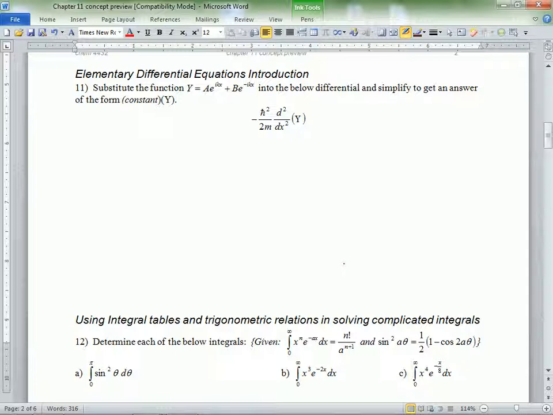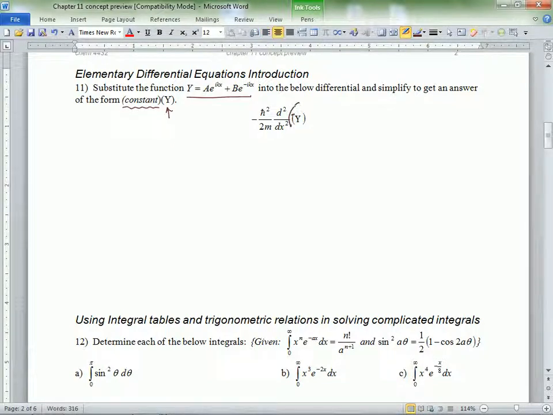So we're going to substitute this function into the differential equation below and then simplify it to get an answer that's going to be some constant, and then we'll get our function back again. That has some real significance in this class. So let's try it. We're going to substitute in our y here.